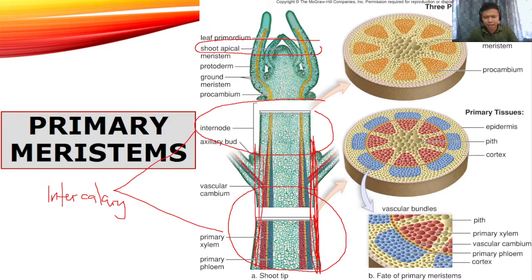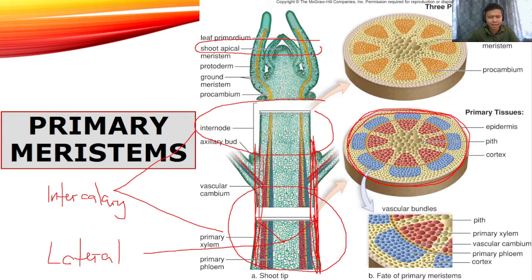This is what we call the lateral meristem. Okay, so the lateral meristem tends to surround the stem or tends to surround the plant body, allowing it to grow sidewards by increasing its girth or diameter. Okay, so this is the lateral meristem.